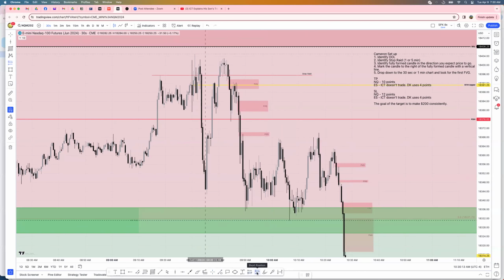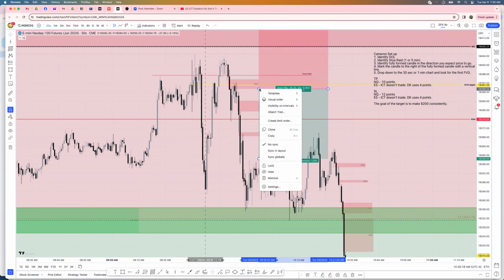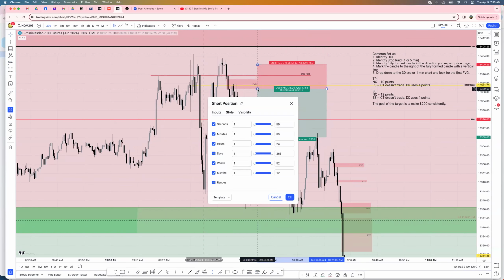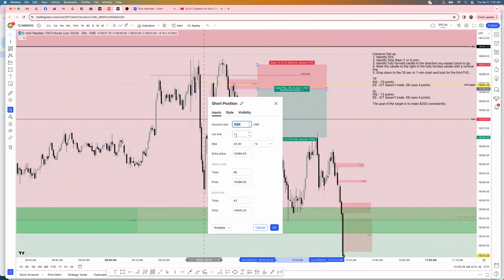So then you can get your short position. Oh, I don't think I set up a template for this. I should do one for Cameron, huh? Or is it a short NQ? You said 12 points, right, DK? 12 points stop, and 10 points in the take profit.